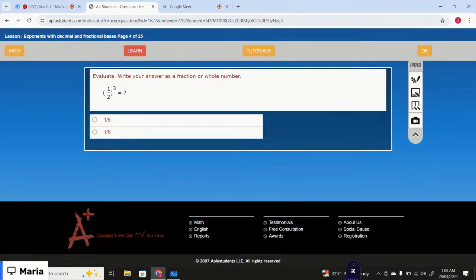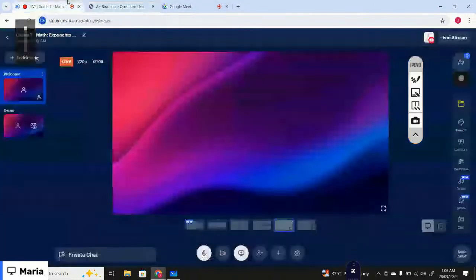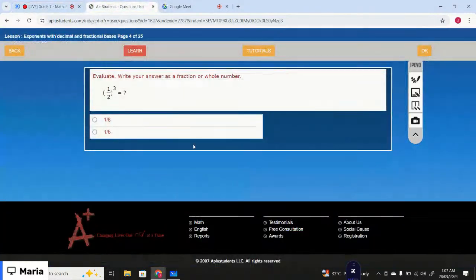Okay, the next one is 1 by 2 exponent cube. So which is the correct option? So that is 1 over 2 cube.